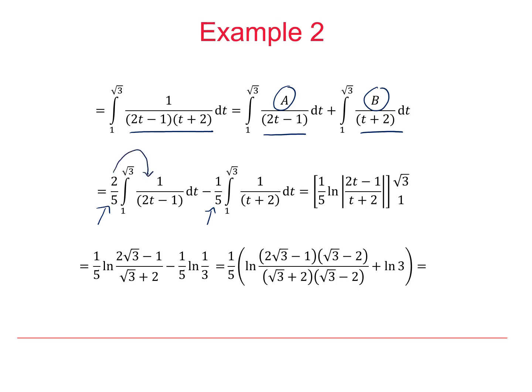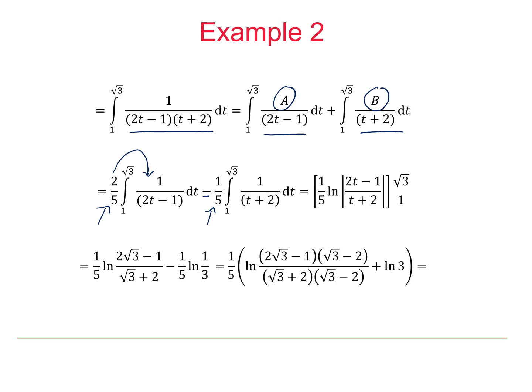I'll move the 2 from the 2/5 back onto the numerator of 2t minus 1, and that will then integrate, because it's f dashed of x over f of x, to the natural log of 2t minus 1. The 1 over t plus 2 will integrate to the natural log of t plus 2, and we've got a negative here.